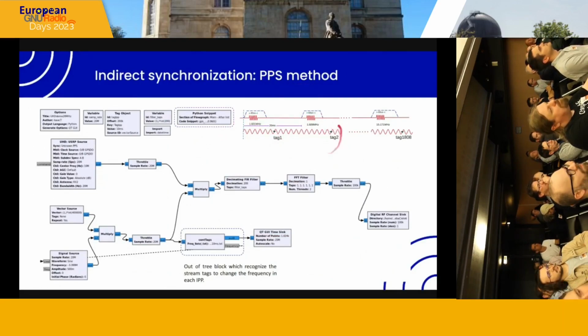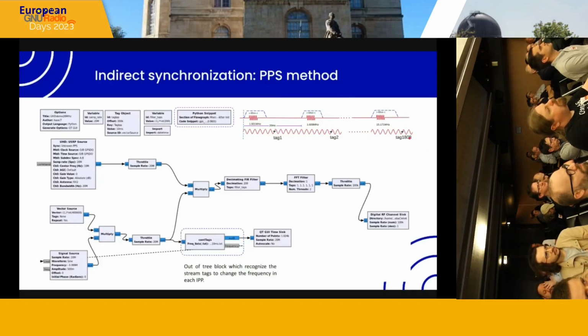So we recognize the second tag, we change to the third frequency, and until the end, that in this case will be 1,808 frequencies. To recognize those tags, we created another OOT block known as count tags, which, as I said, recognizes the tag to change the frequencies.